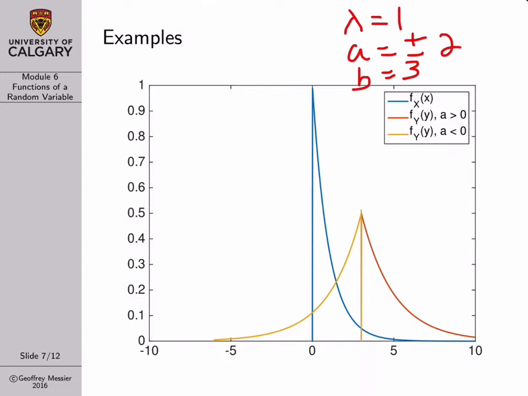So first of all, let's consider the case where a is positive, so a is equal to positive 2. So we're multiplying our random variable by 2. So we're amplifying it, or we're increasing the range of our random variable, if you like. And so rather than decaying quickly, like the blue line, the red line decays much more slowly. And that makes sense because the values have been amplified.